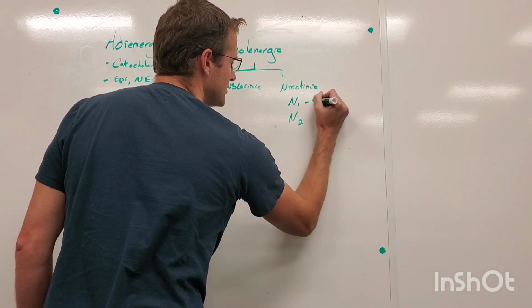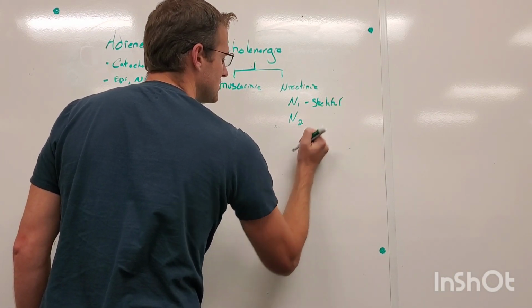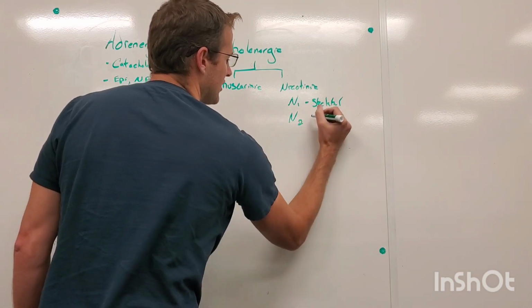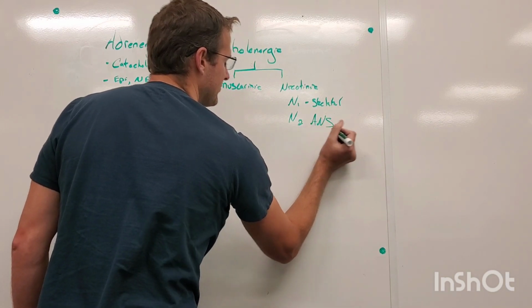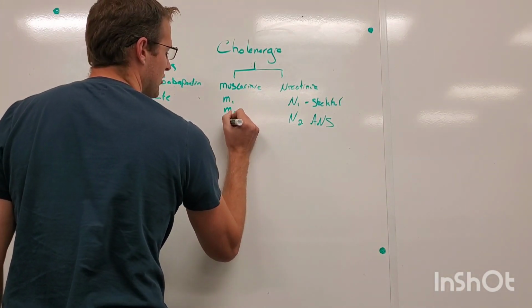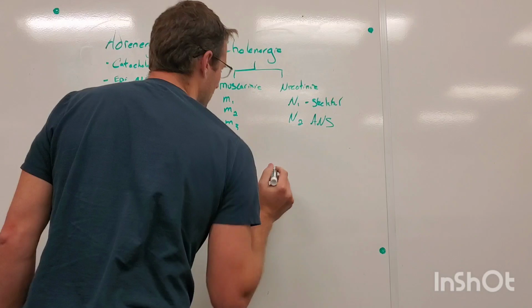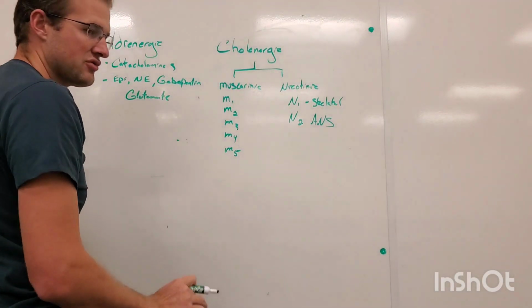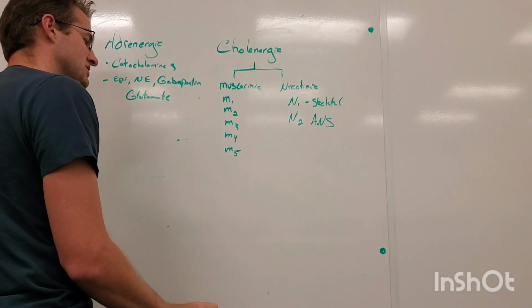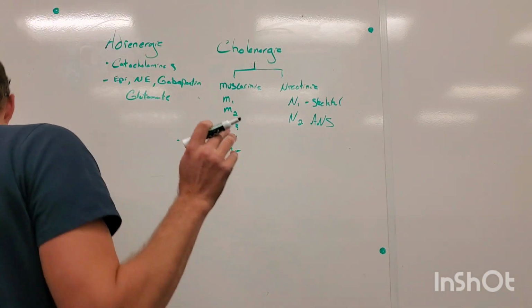The N1 is found in skeletal muscle, and the N2 is found in the autonomic nervous system. Muscarinic, so there's M1 through M5. Just different receptors found in the autonomic nervous system. Each of these kind of does a different thing.